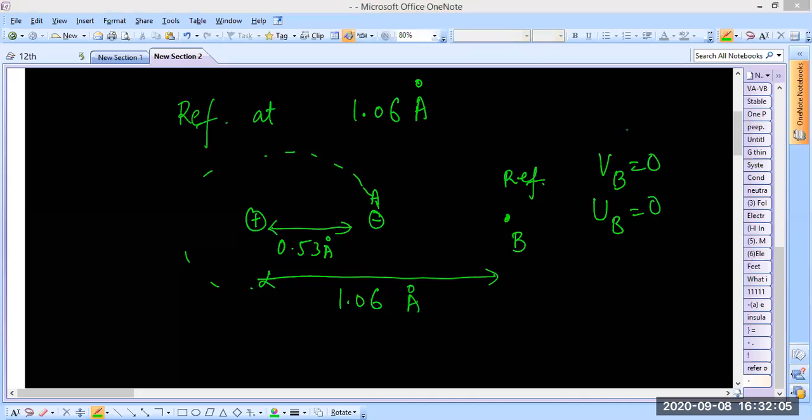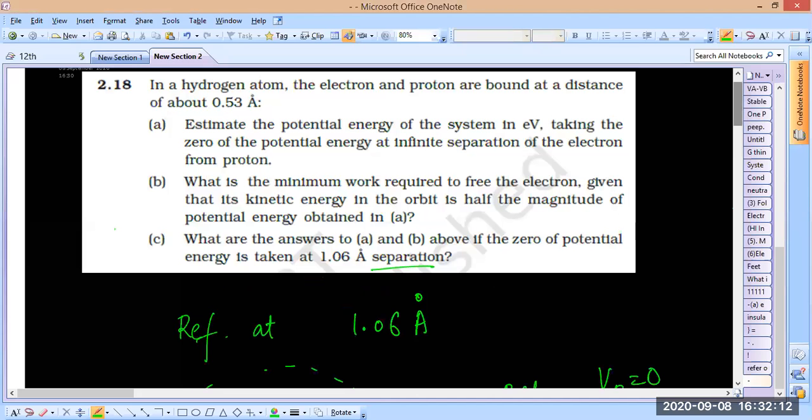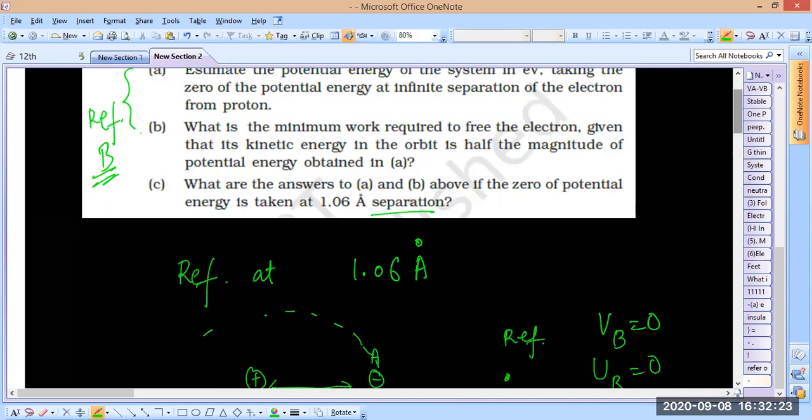Now the question says we have to find the answers of A and B again. So this time we have to do this by taking reference at that point B. Now let's start with this.